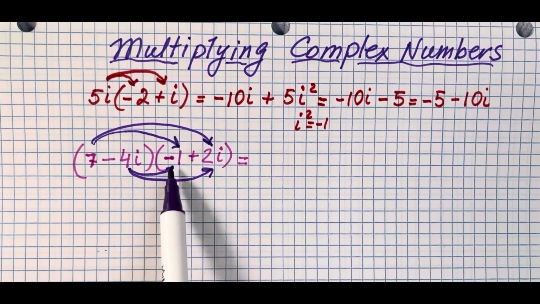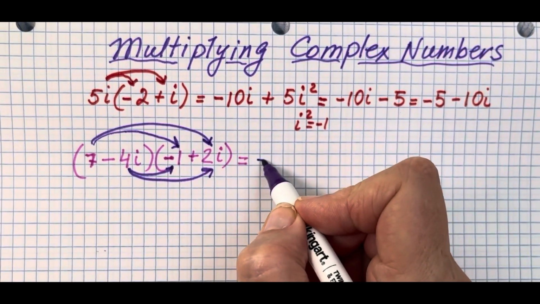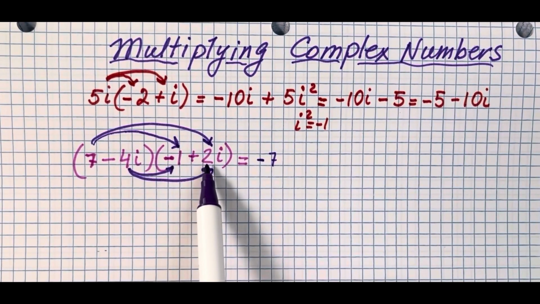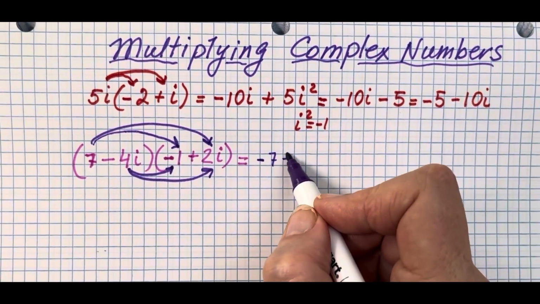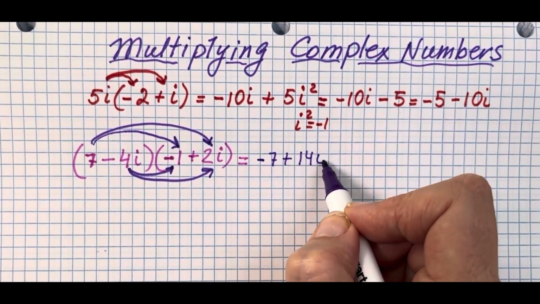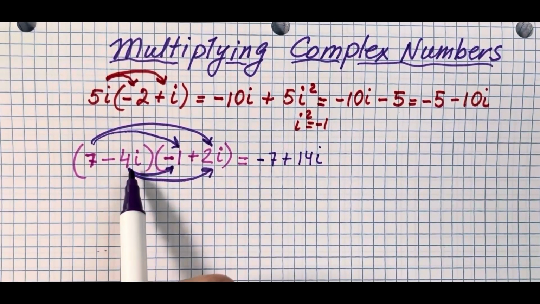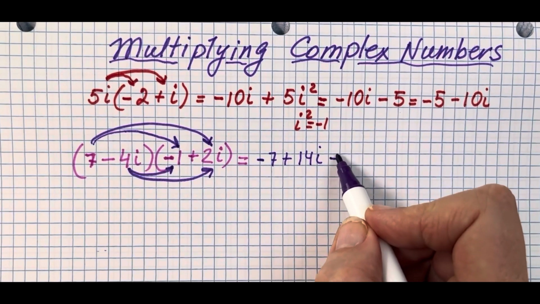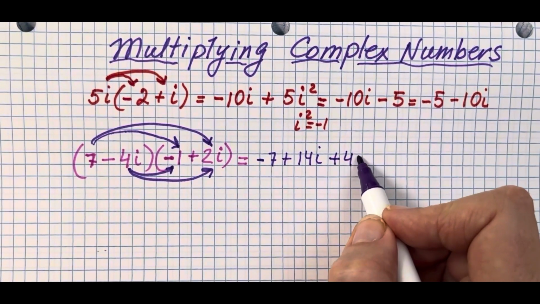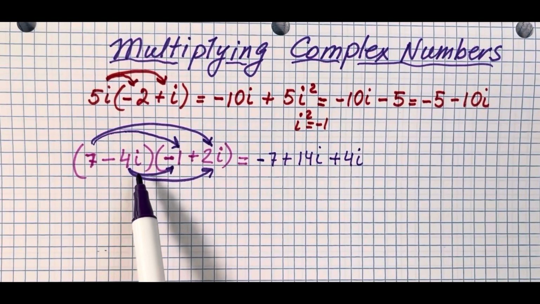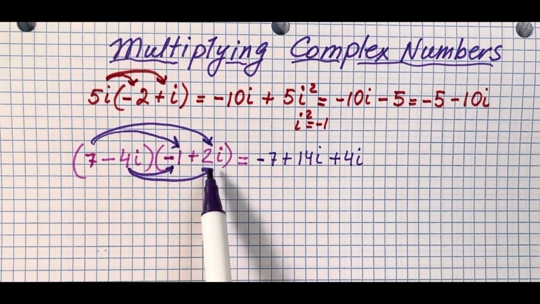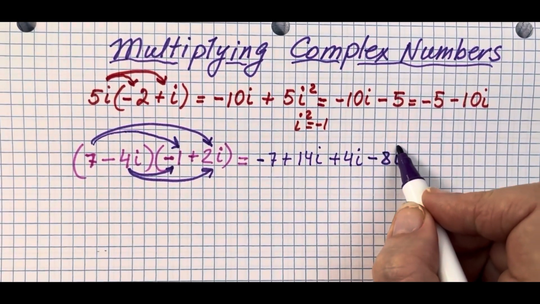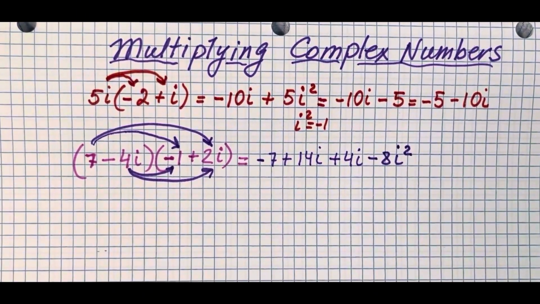So 7 times negative 1 gives us negative 7. 7 times 2i gives us positive 14i. Negative 4i times negative 1 gives us positive 4i. Negative 4i times positive 2i gives us negative 8i squared.